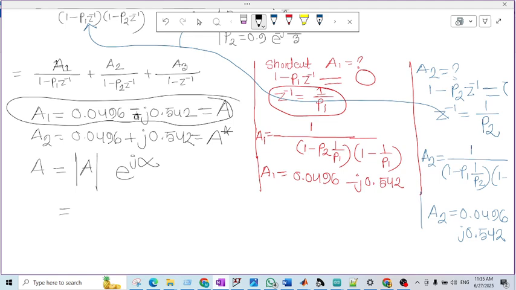Let me calculate it. I will get 0.544 and e to the power j, you can take it as radian, but I am taking this in degree. Okay, so 5.2 degree.